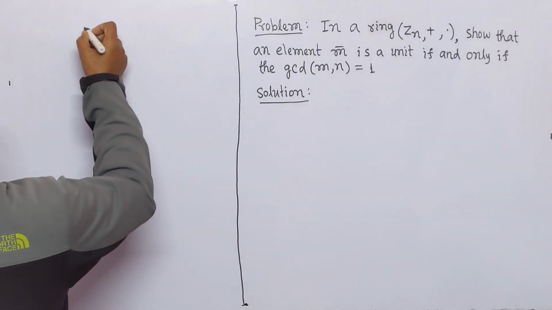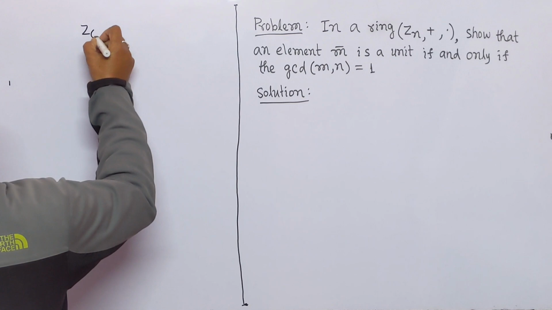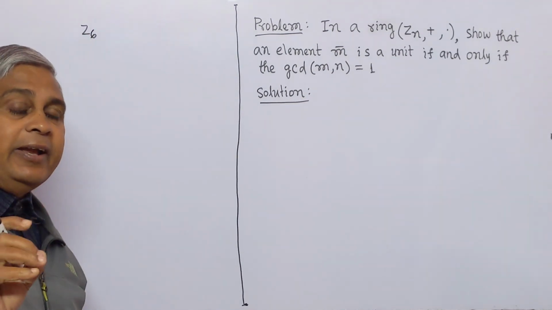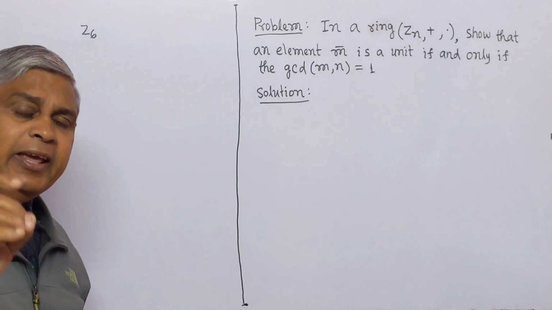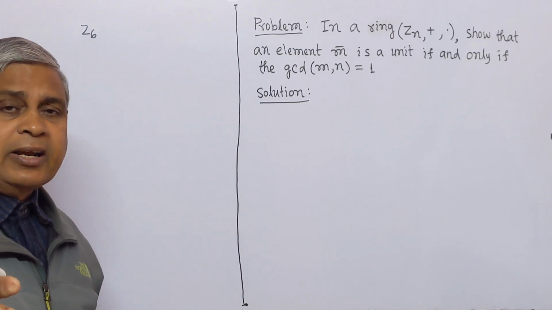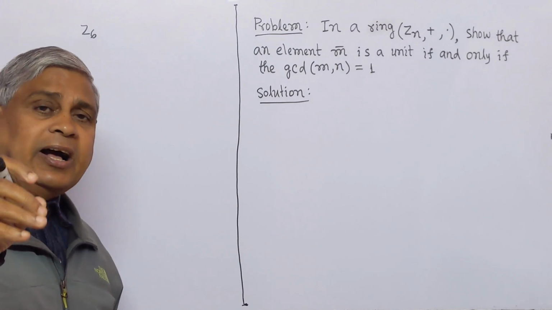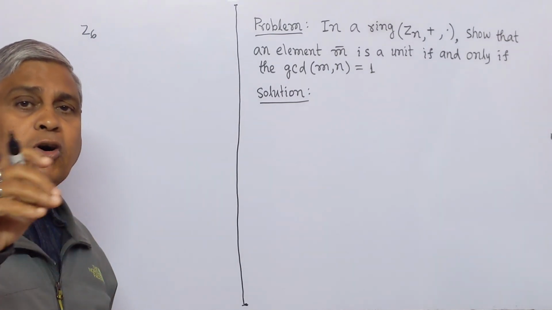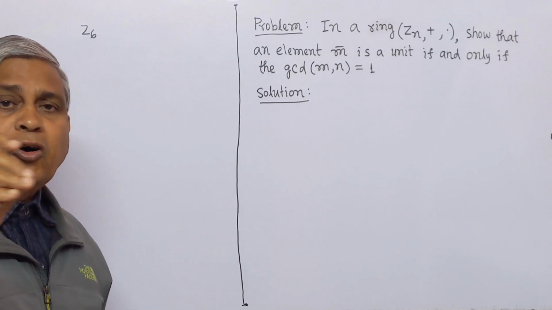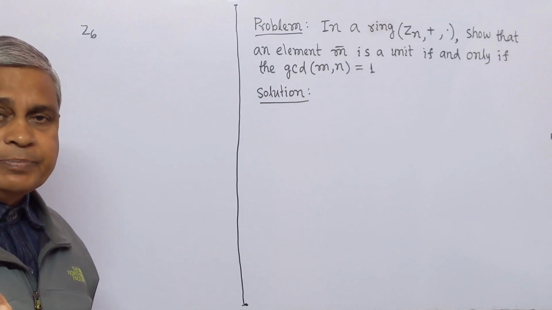We have Z6. What is Z6? If we divide any integer by 6, we get remainders either 0 or 1 or 2 or 3 or 4 or 5.